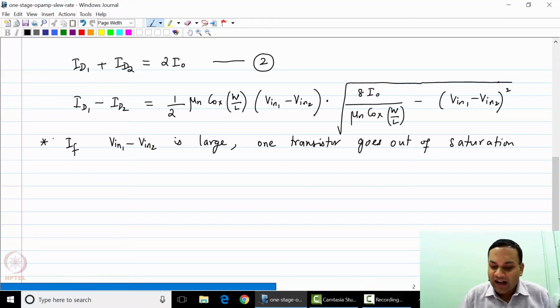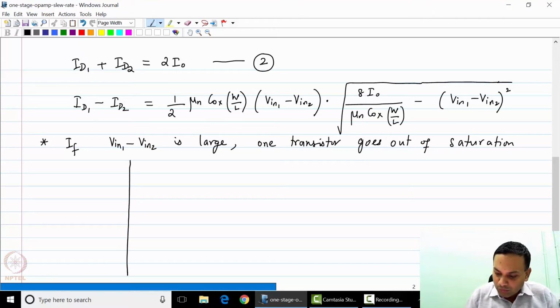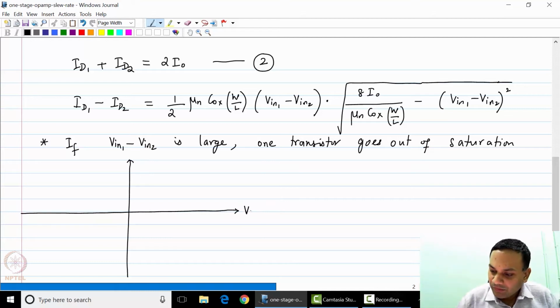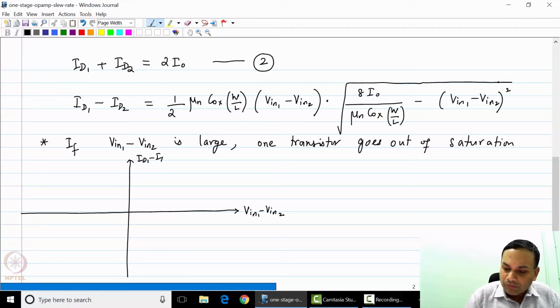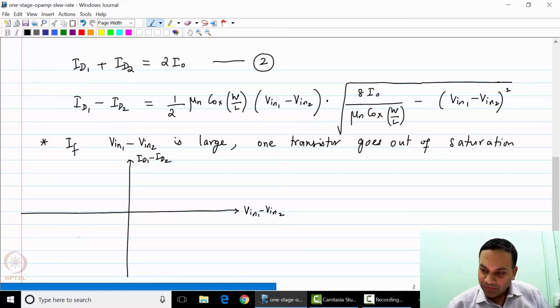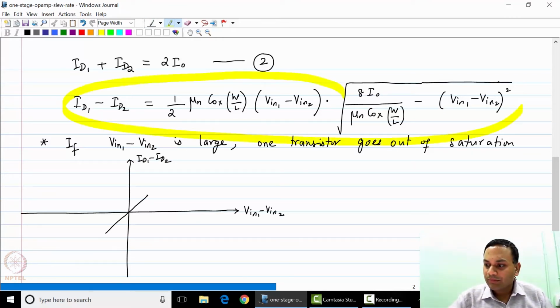So if you were to plot ID1 minus ID2 as a function of V in 1 minus V in 2, it turns out that for very small V in 1 minus V in 2, this relationship is linear, because you can linearize this expression to get a linear dependence.